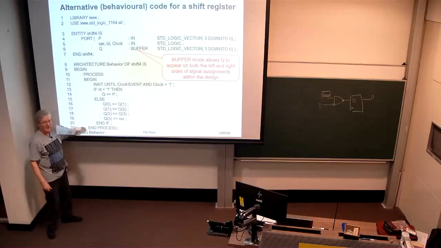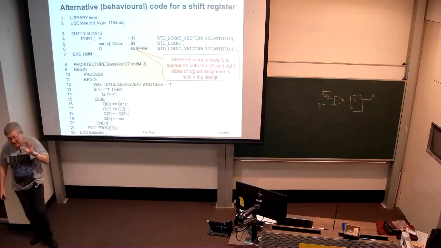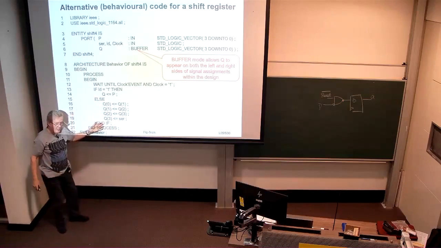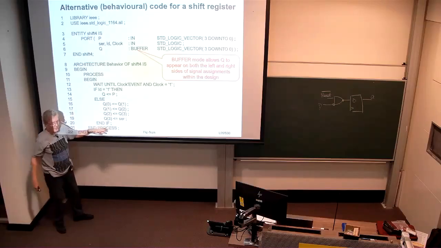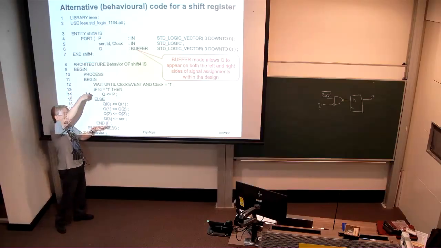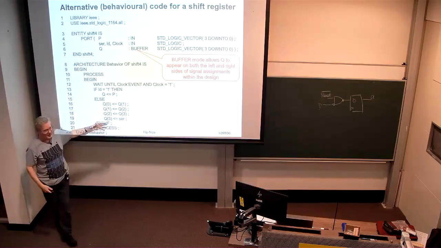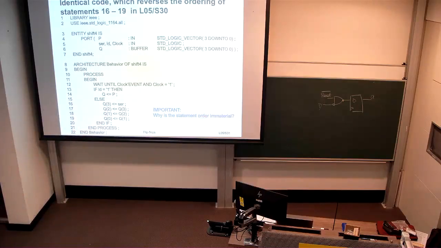So Q1 is going to be assigned to Q0, and Q2 is going to be assigned to Q1. But what value are we assigning to these, and when does that assignment actually happen? Remember, I told you on Friday that assignment doesn't get actually committed until we exit the process, right? So what's the value on the right-hand side? It happens to be the value that you have when you enter the process. Okay, so the order in which you list these doesn't matter. So this is just as correct.